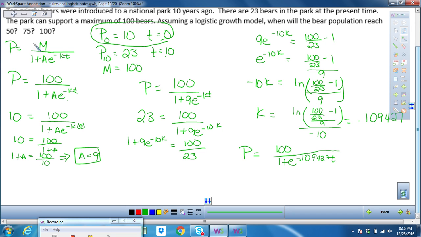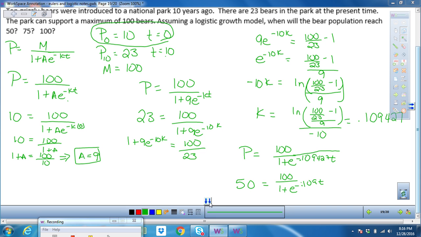Okay? So then the question asks, when will the population reach 50? So I would put 50 here, and then I would solve for T. That looks like fun, doesn't it? I'm just going to abbreviate that. Remember, you always want to go 3 places behind the decimal.